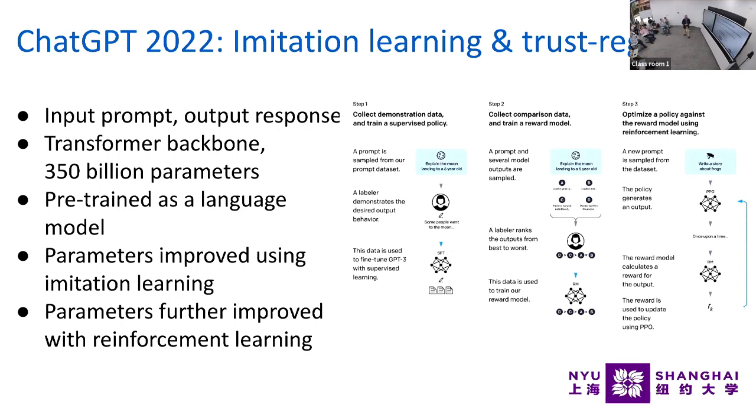So now you have a reward function, and they can use it for reinforcement learning. The basic idea is that they further move those parameters in order to increase the reward you get from the reward function. Here the reinforcement learning problem is really a so-called bandit problem, because it's only one step.